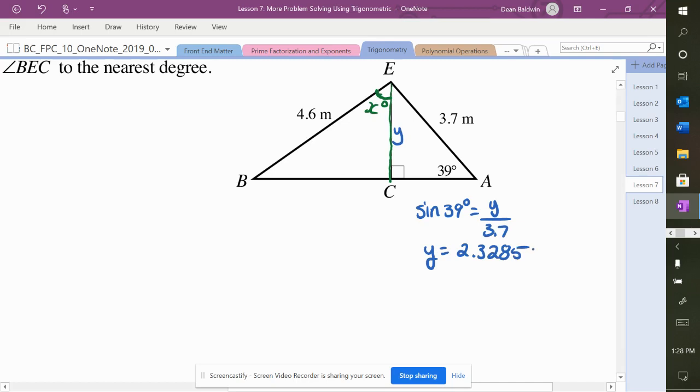So y is equal to 2.3285 or something approximating that.